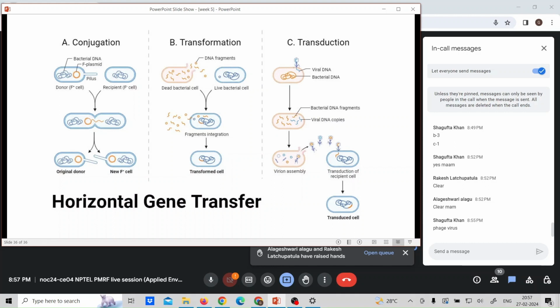And finally, in the case of transduction, we have bacteriophages that infect bacteria. They release their DNA because, as we know, viruses don't have their own machinery. They just use the machinery of the bacteria to make multiple copies of their genome.